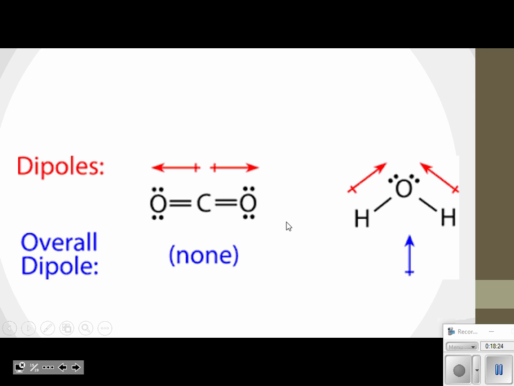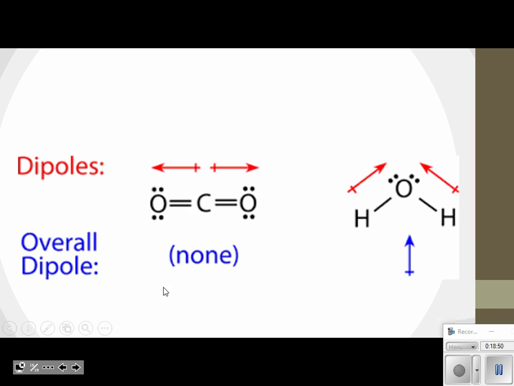I look at this and say, once again, here's carbon dioxide. Carbon is partially positive, oxygen's partially negative. If we look at this double bond, the electrons are pulled closer to the oxygen.